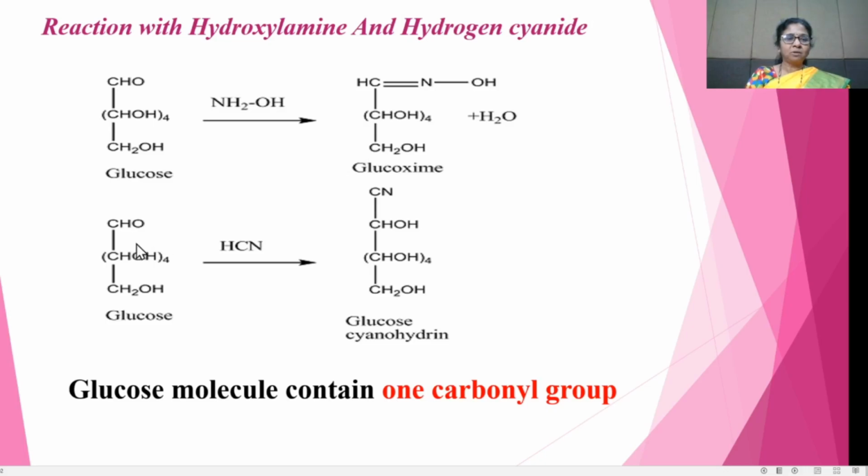When glucose reacts with hydrogen cyanide, it gives glucose cyanohydrin. The addition of HCN takes place here: the H atom goes to the oxygen atom and CN is attached to the carbon atom. The reactions with hydroxylamine and hydrogen cyanide are reactions of the carbonyl group.